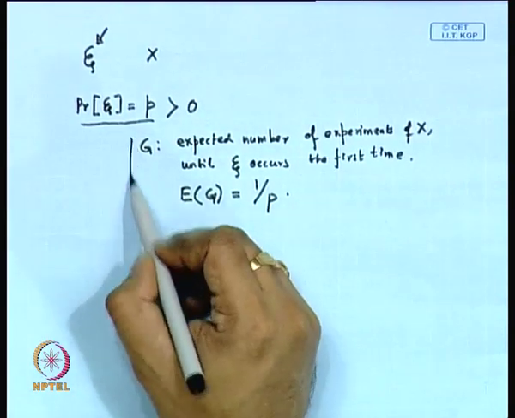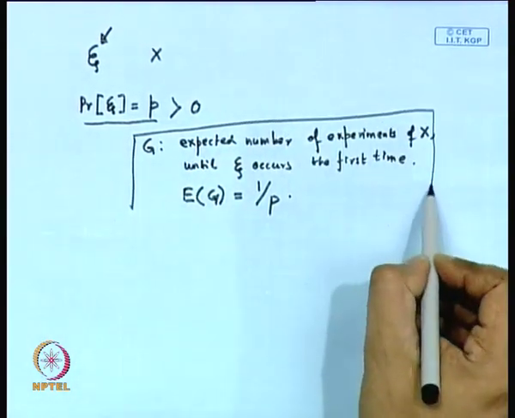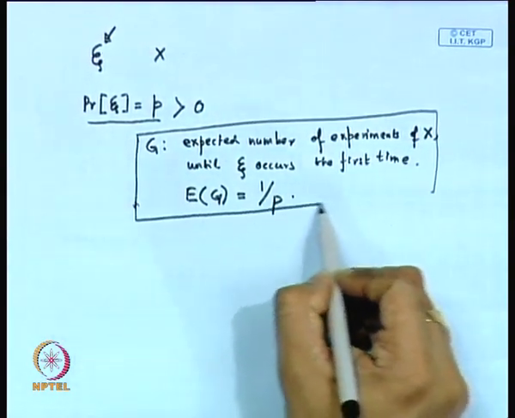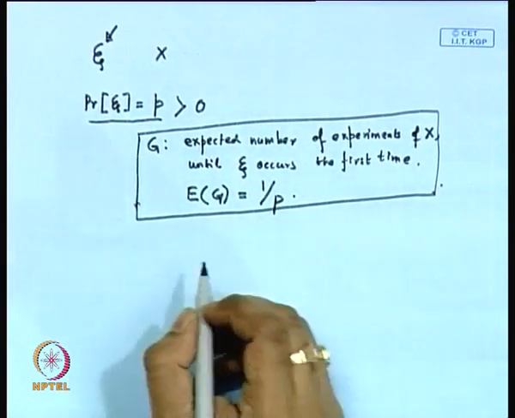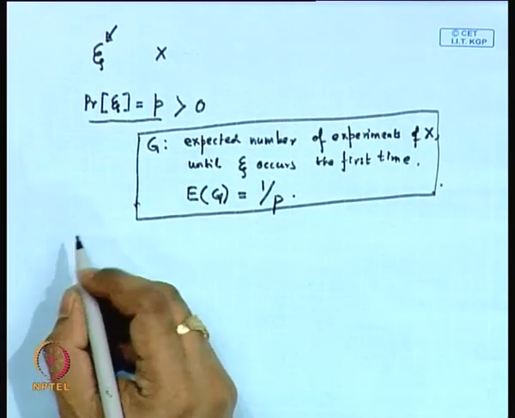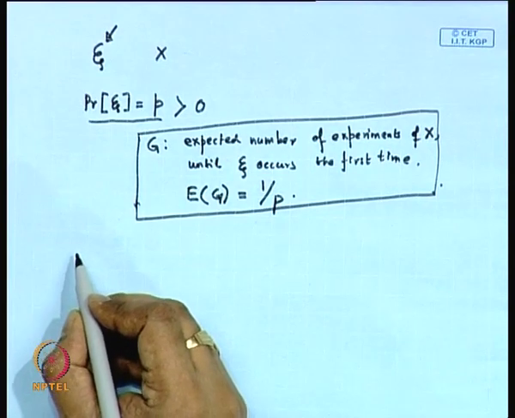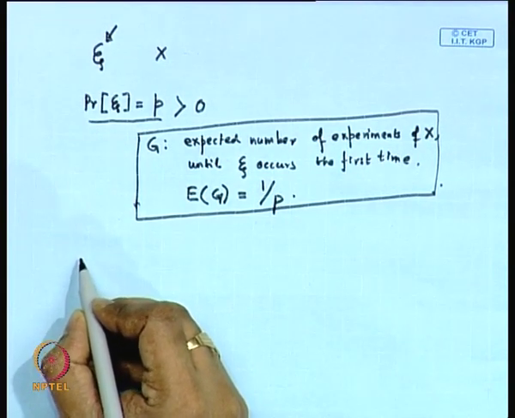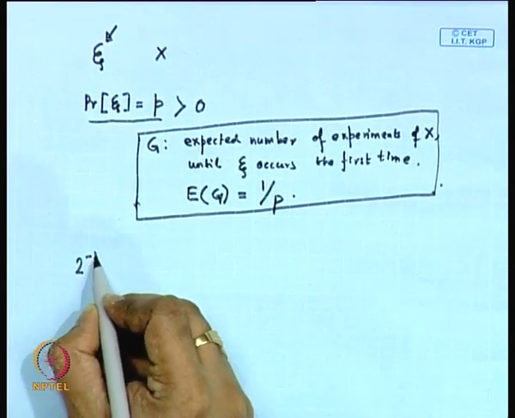Now what is the impact of this result? Suppose you develop an attack and you say that the probability that this attack works is 2 to the power of minus n.